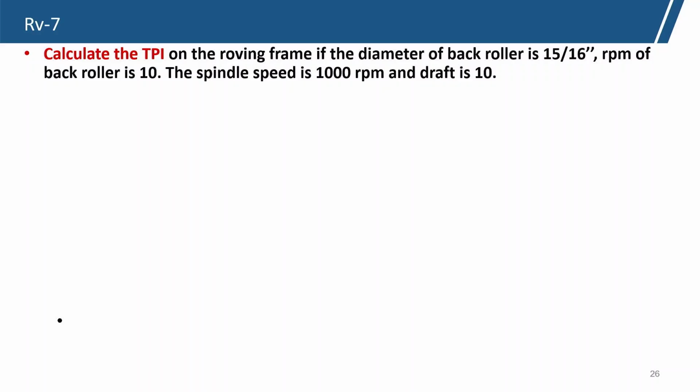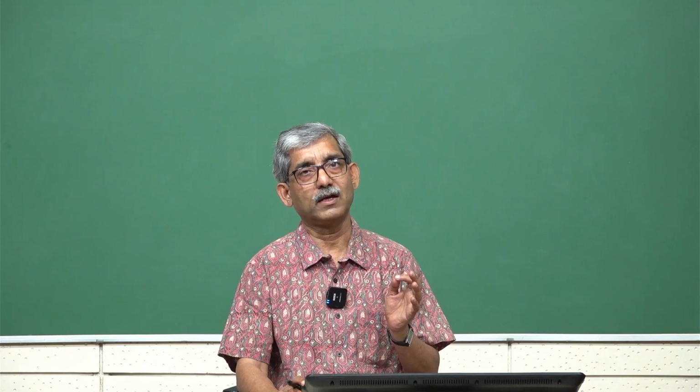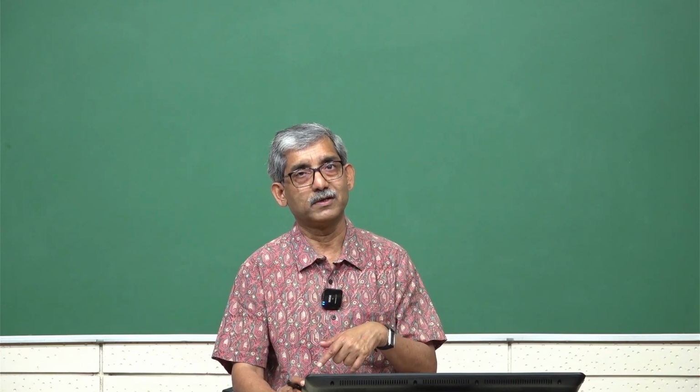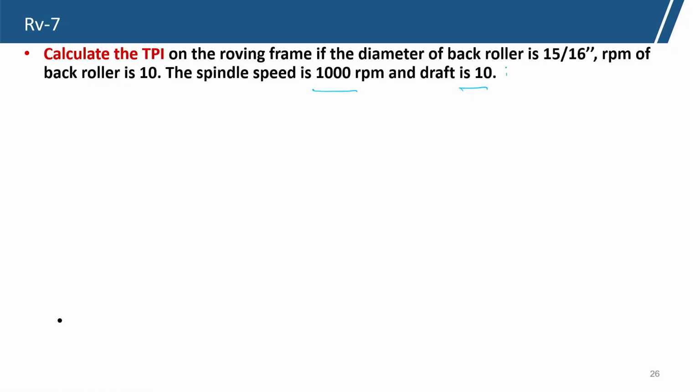The spindle speed is 1000 and the draft is given as 10. So, there is no slippage, no contraction. The back roller RPM and speed are given, and now we have to calculate the front roller speed. The front roller speed we can calculate using the draft.